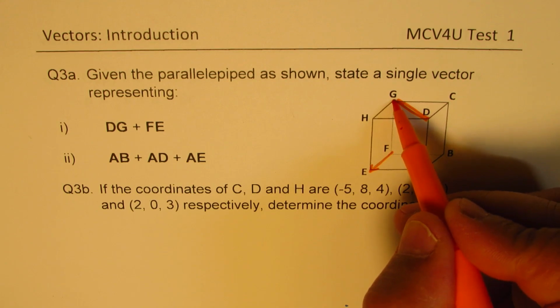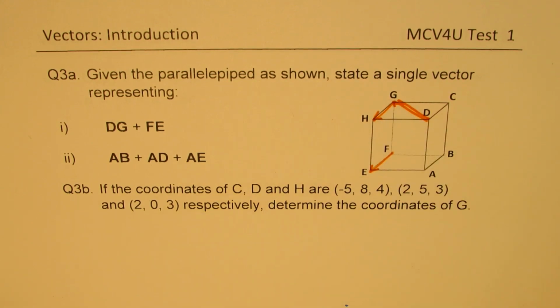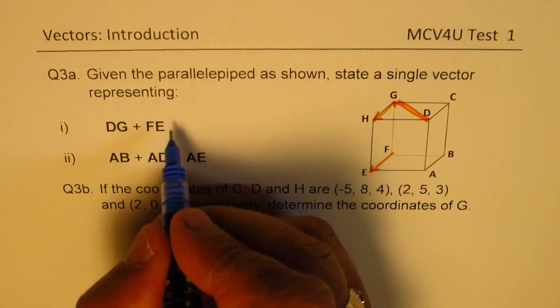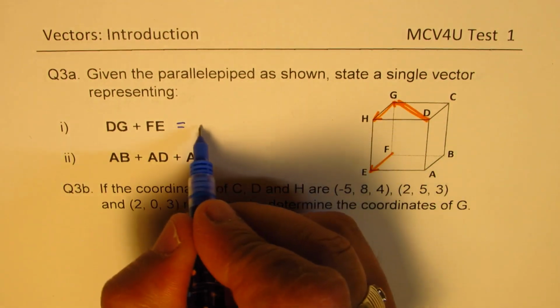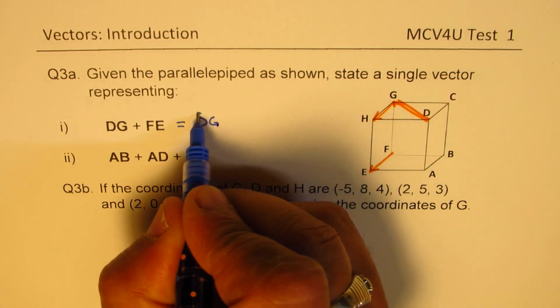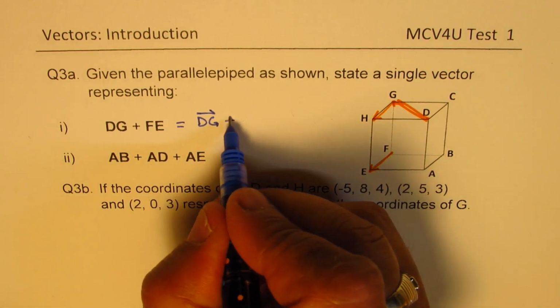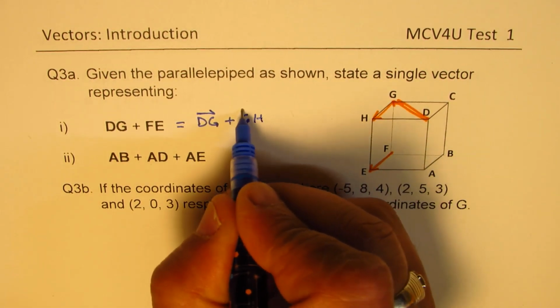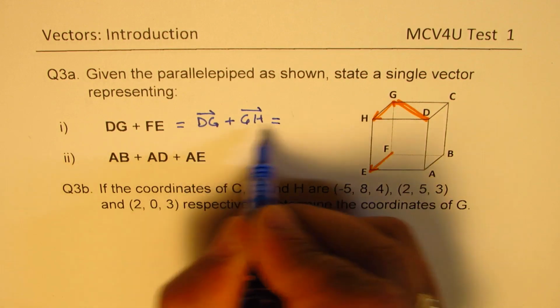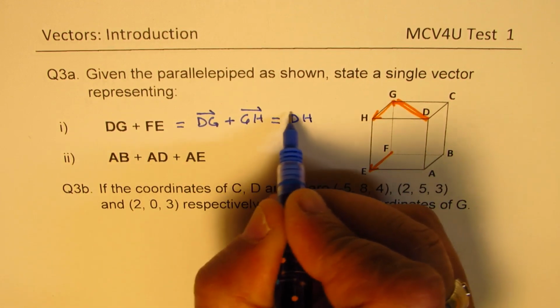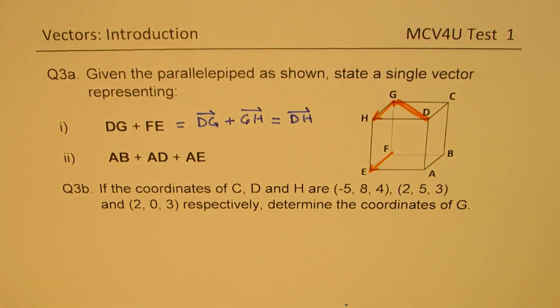FE is parallel to GH, correct? So FE is parallel to GH, so we can write GH, parallel and equal. So that becomes DH. So clearly that is equal to DH.